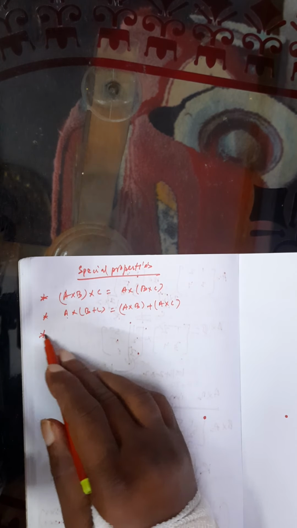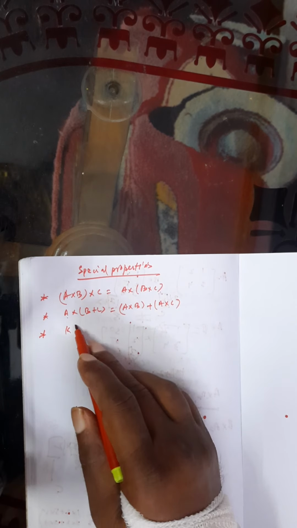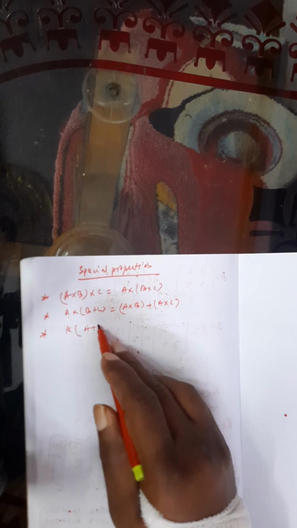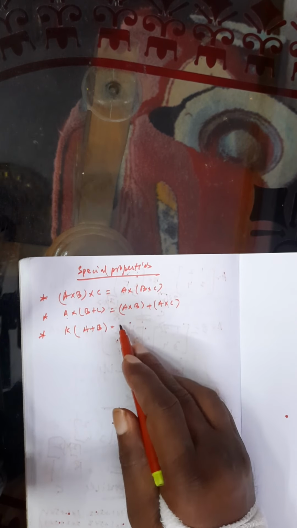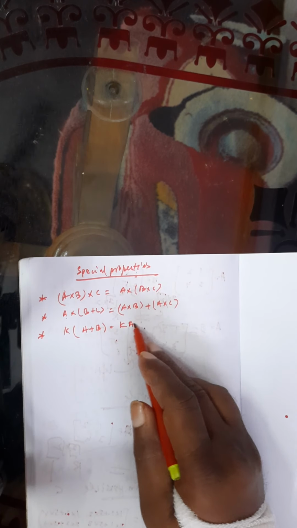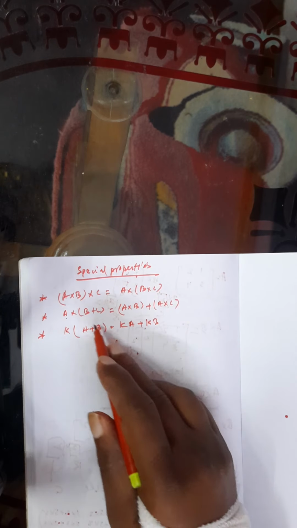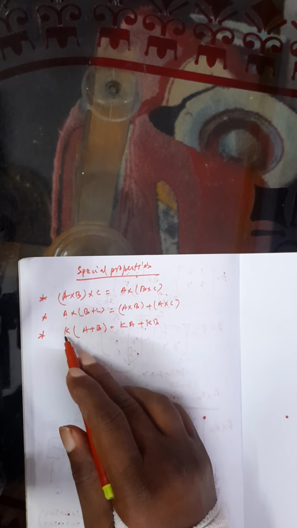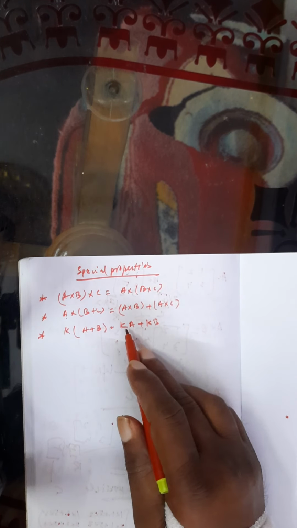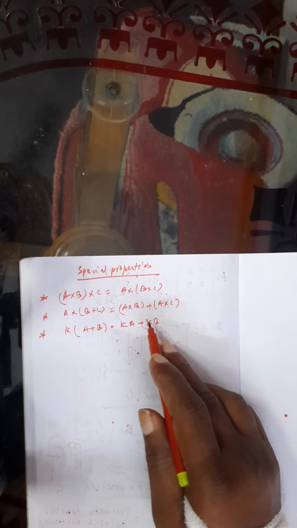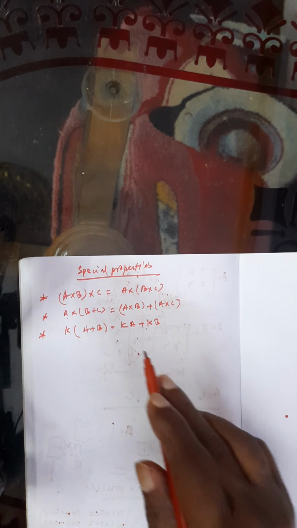Okay. If K is any number, then for matrices like A plus B, you can multiply with K here also. You will get the same value. If you add the matrices and then multiply with K, or multiply the matrices first with K and then take the sum, both are the same.